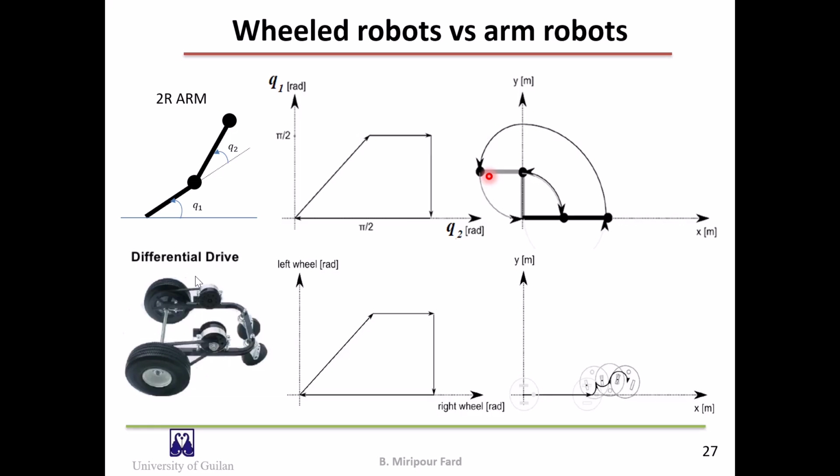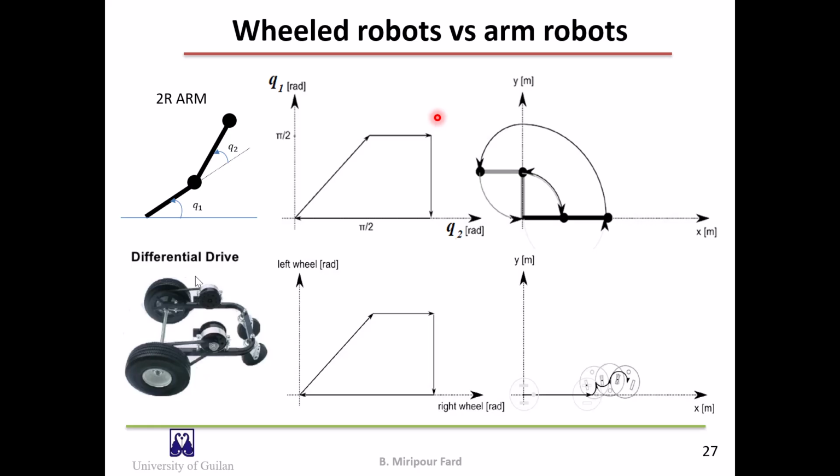If the joint variables return to the values at the beginning of the cycle, the arm will eventually return to its initial pose.